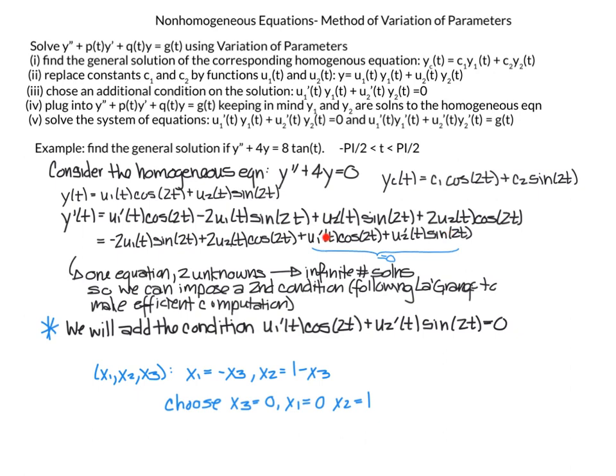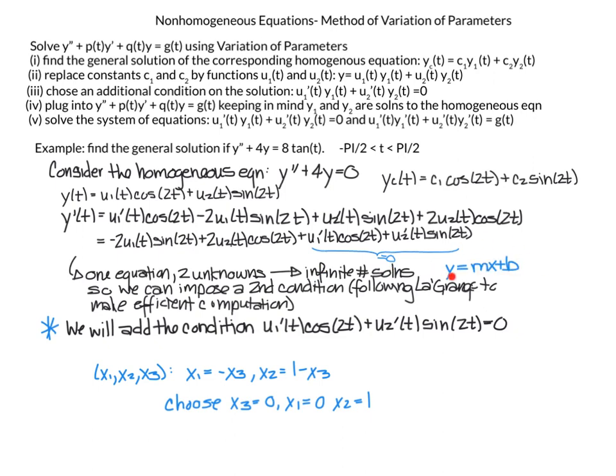The idea about adding this constraint is that before we add it, we have one equation and two unknowns, the two unknowns being u1 and u2. When we have one equation and two unknowns, our system is underdetermined and we will have an infinite number of solutions.